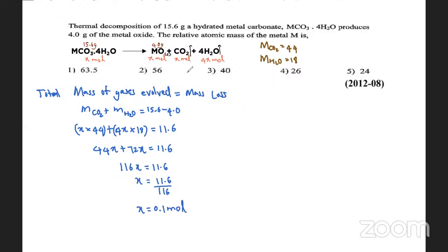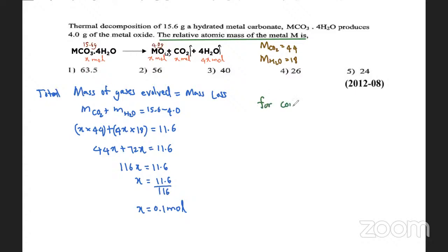X is an unknown. The question is about the relative atomic mass of metal M. So the easiest thing to do is, they have given us the mass of MO, but the other compound is too big, so I'll go with MO.